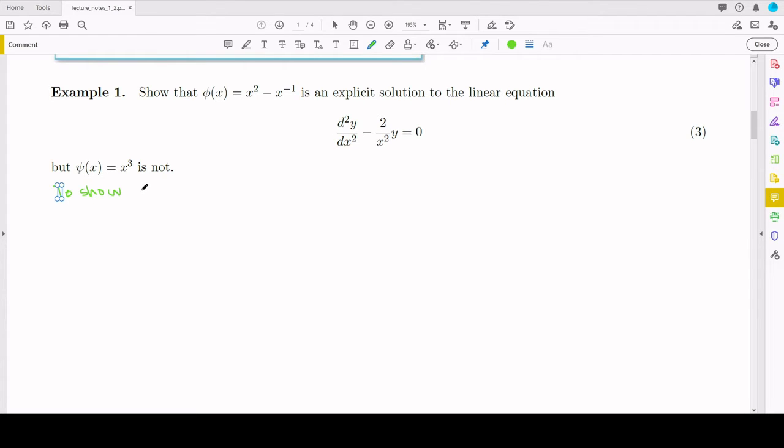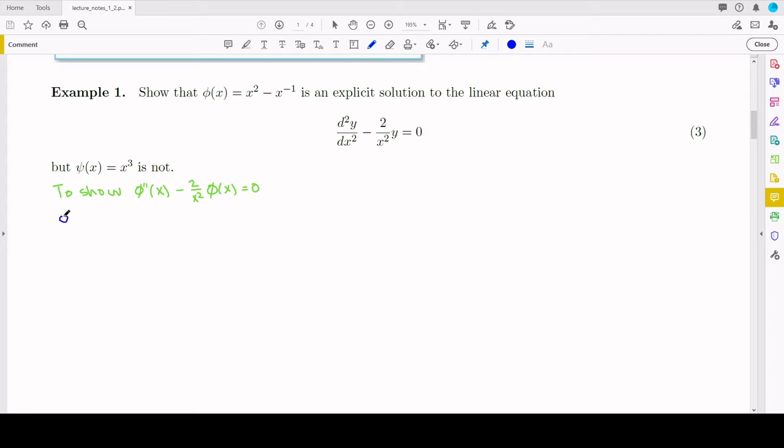So we have to show that the second derivative of phi minus 2 over x squared times phi of x equals 0 on some interval.